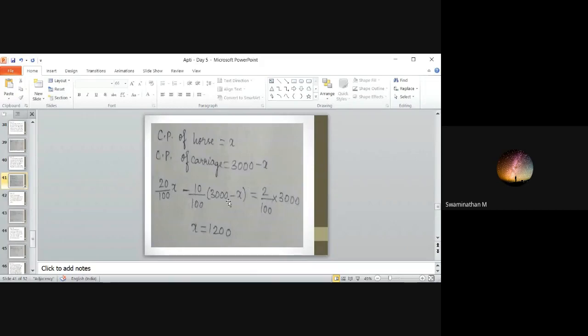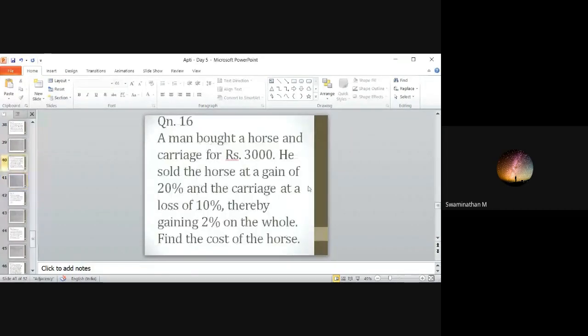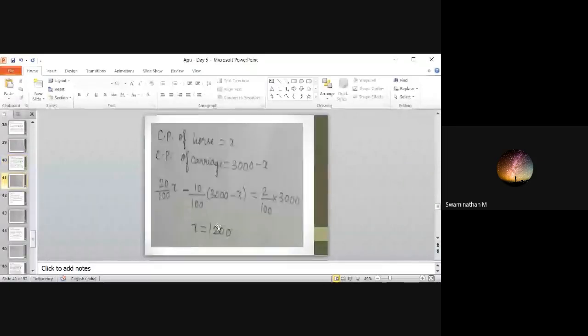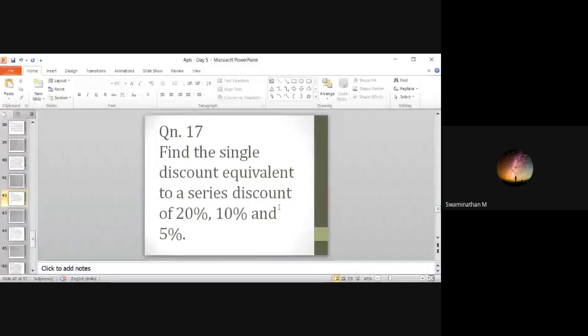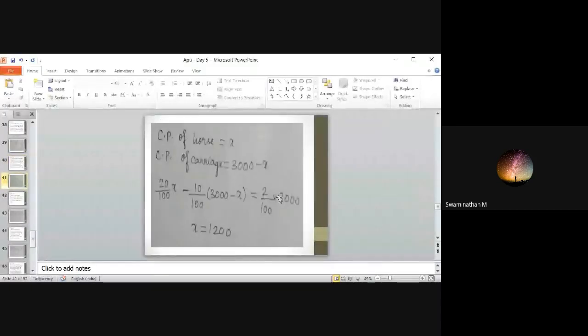This is equal to the 2% gain on the whole, so 2% of 3,000. If you equate this, you will get x as 1,200. Since many are clear, I hope you understood.